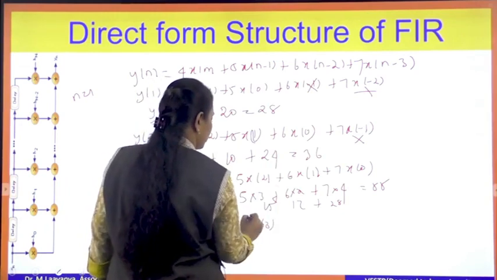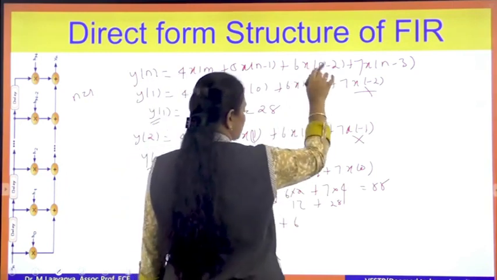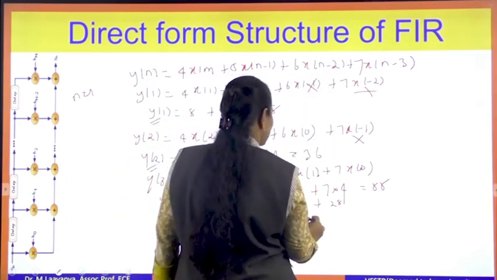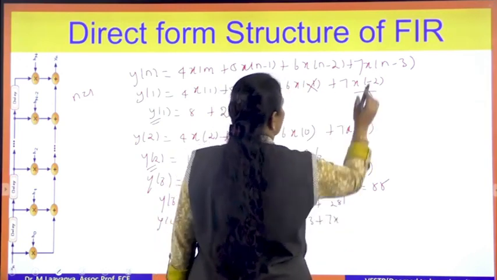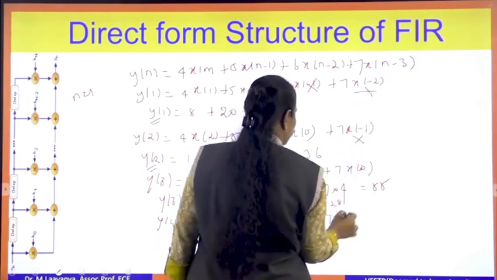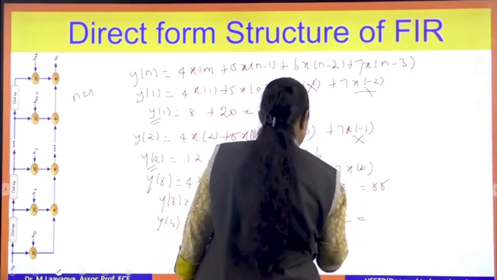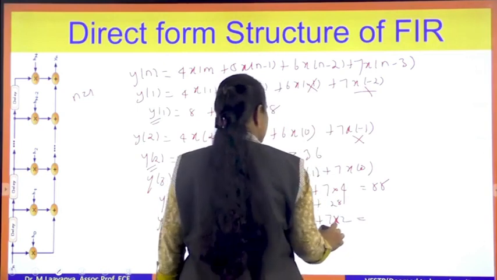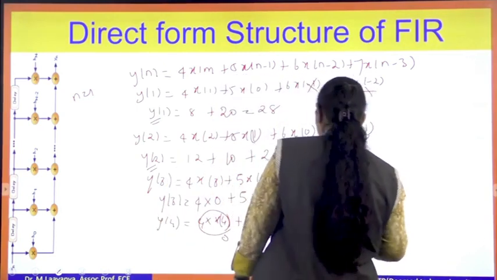So x of 3 will be 0 plus 6 into 4 minus 2, x of 2. X of 2 value is 3 plus 7 x of 4 minus 2, x of 1 value. So x of 1 value was 2. So I will get the answer as 18 plus 14, 28, 32.